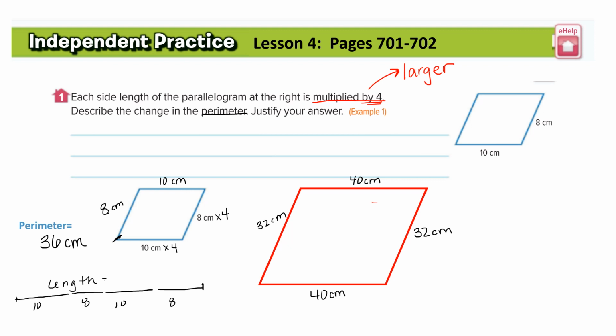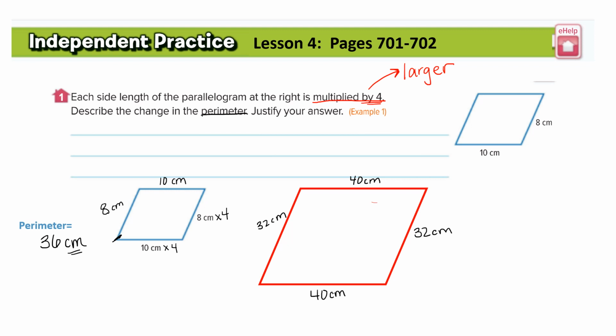A line only has length. It doesn't have width or height. It's just one dimension, and therefore that's why we only have centimeters. So remember, perimeter is only a centimeter measurement, it's not squared.